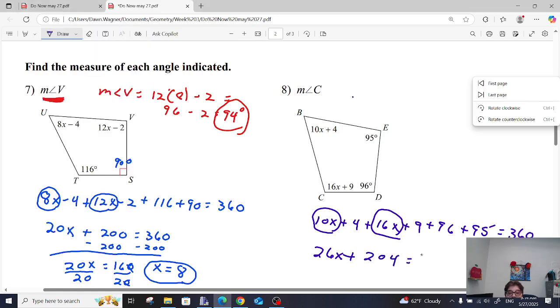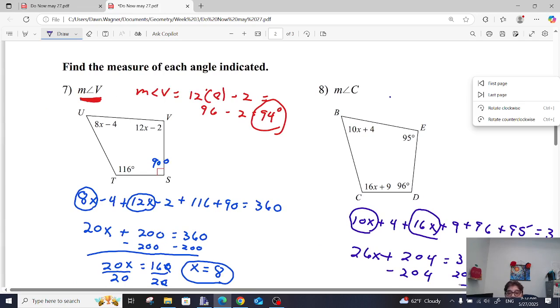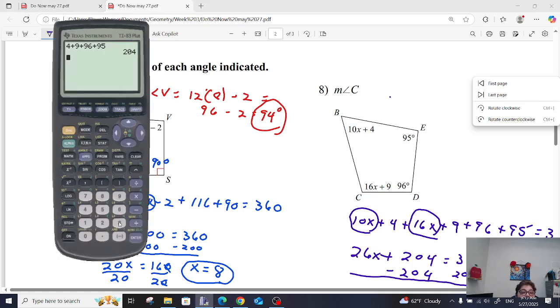204 equals 360. I'm subtracting 204 and 360. So 360 minus 204 is equal, I forgot.